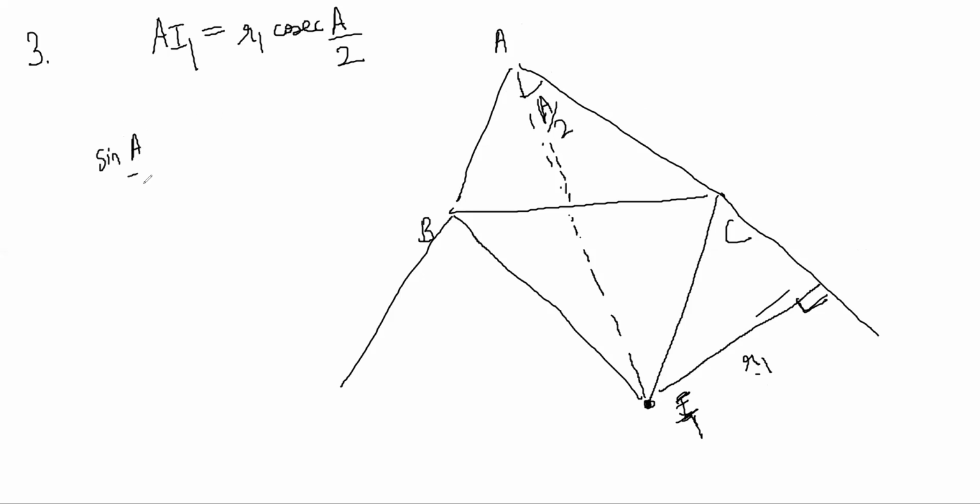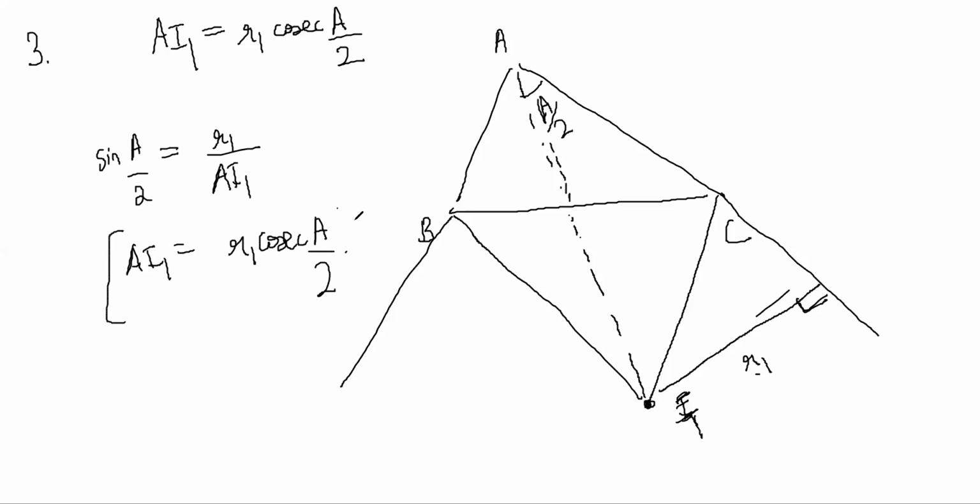Sine A by 2 is equal to R1 by AI1. AI1 is equal to R1 cosec A by 2. It's coming directly from the construction of the figure, no? There's nothing very difficult here, right?